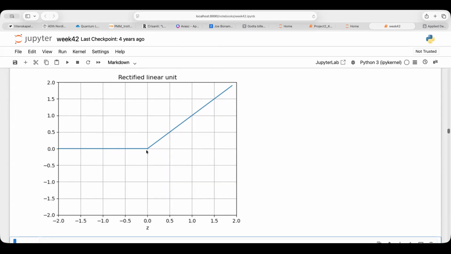It's a very popular activation function because the derivative of that one is easy to calculate. Think back to the equations you're dealing with. When you're updating 1 million parameters, and these 1 million parameters depend on the derivatives of the activation functions, then you want something which is simple to calculate.